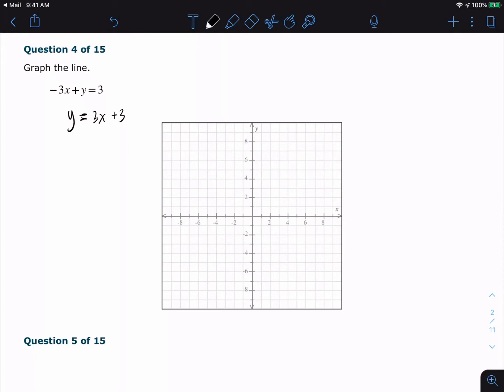Now, if we remember slope-intercept form, it's mx plus b, where b is the intercept on the y-axis. This is the y-axis here, and this is the x-axis here. So we're going to go right here at 3, and then the slope is telling us to go up 3 and to the right 1. So up 3 and to the right 1, and there's our line.